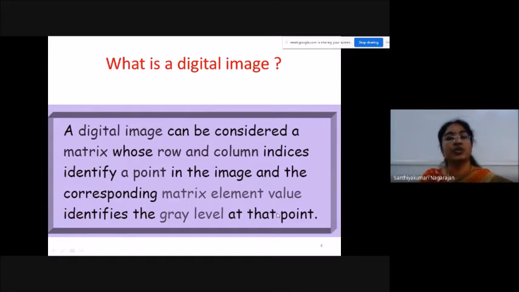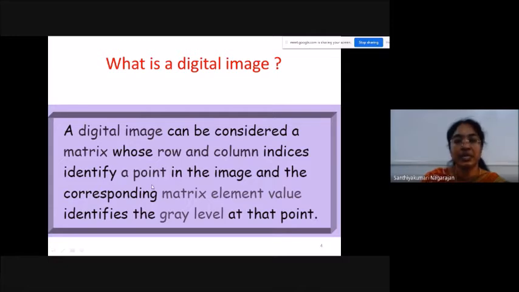Okay, as I have already stated, an image is a collection of picture elements. If we consider that image, we represent it digitally. The picture elements are represented in a matrix. It has row and column indices.